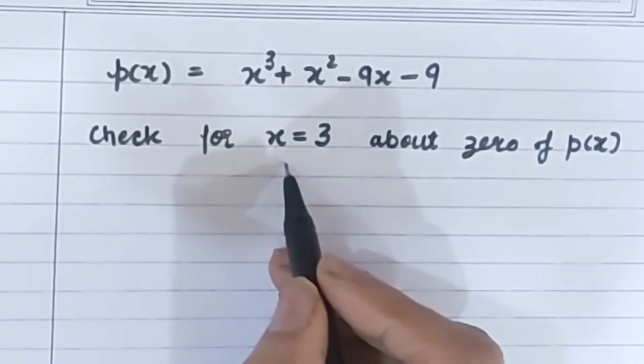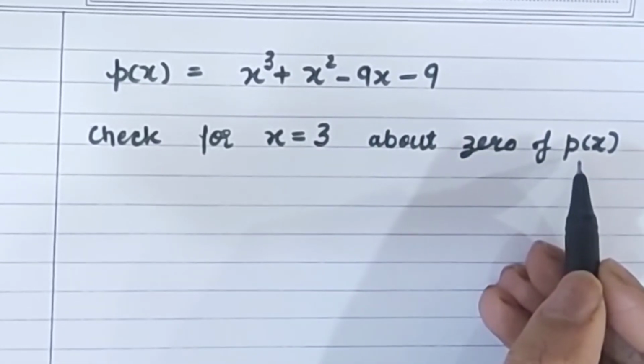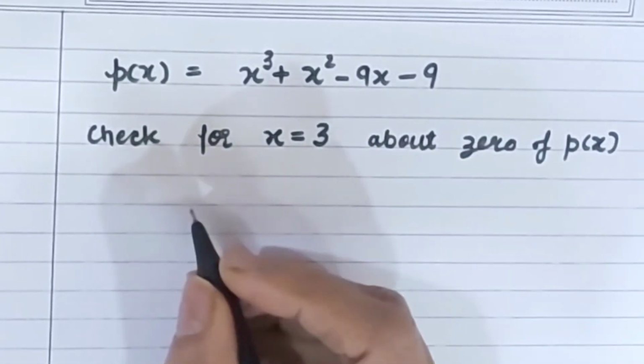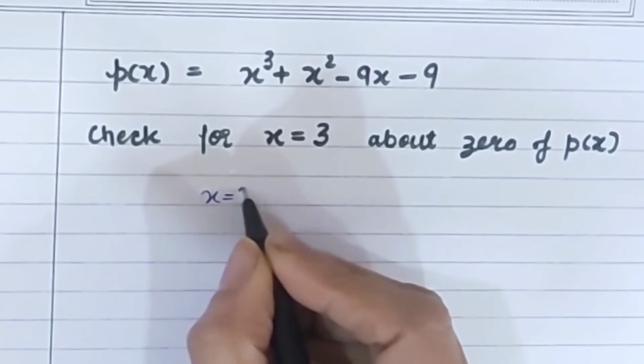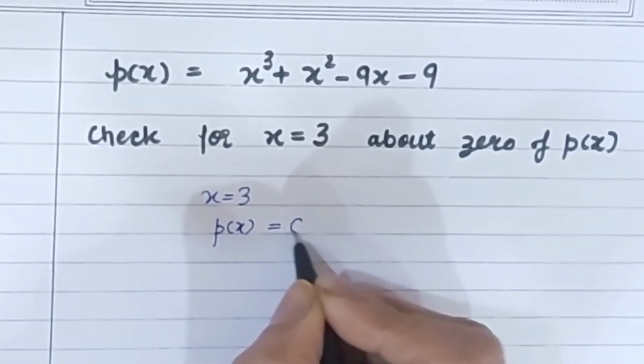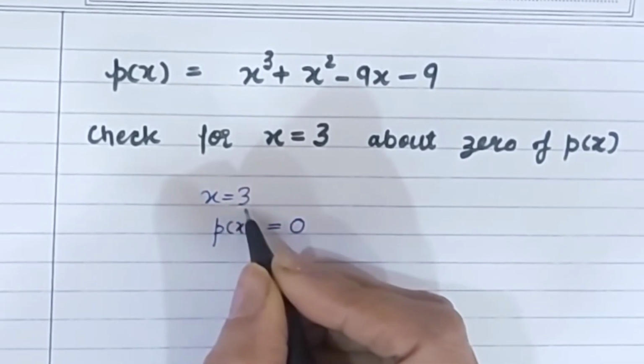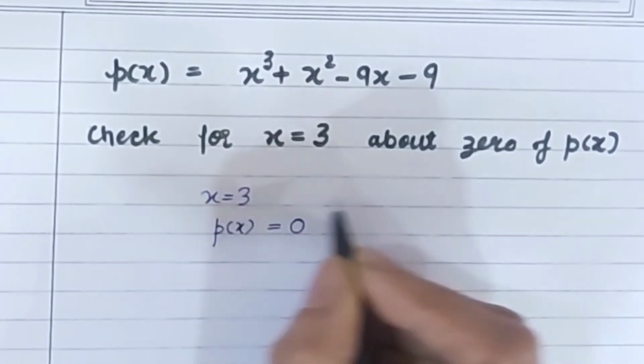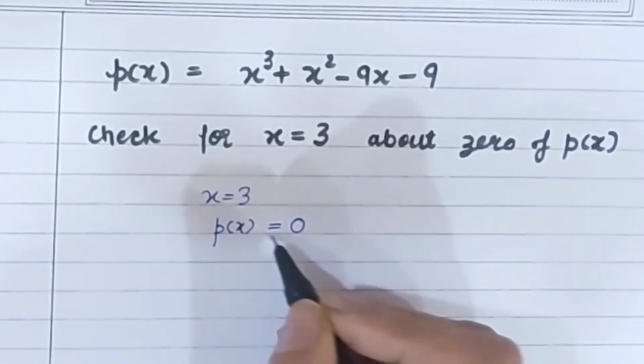We have to check for x is equal to 3 whether it is a zero of p(x). What is the meaning of this question? We have to check for x is equal to 3 whether our polynomial has the value 0 or not. If we put the value of x as 3, whether we are getting the value of this polynomial as 0 or not.